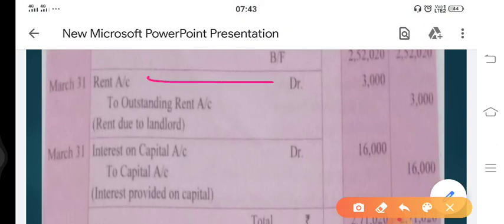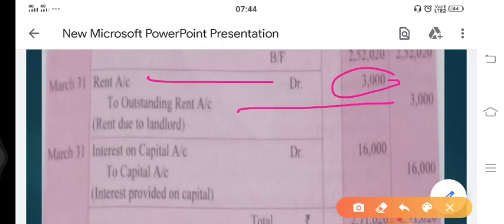So rent account got debited with 3,000 because it is an expenditure. All expenses need to be debited. Now rent is not paid, rather it is outstanding. So here also, since rent is to be paid, it's a liability which got credited with rupees 3,000. So the entry came to rent account debit to outstanding rent account.